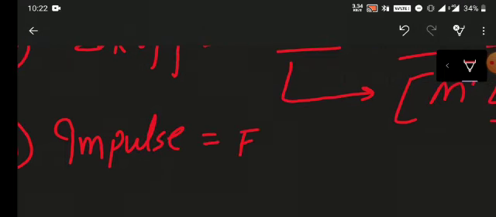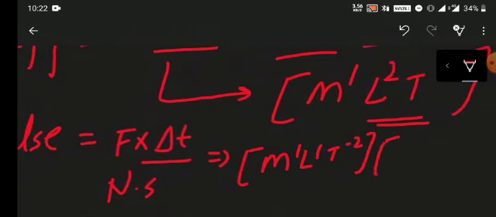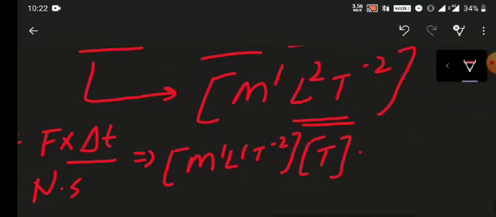Impulse is force applied for a short period of time. So F into t, which means the unit is Newton into second. The dimension of force is M1 L1 T minus 2, and this is the dimension of time. So the final dimension of impulse is M1 L1 T minus 1.